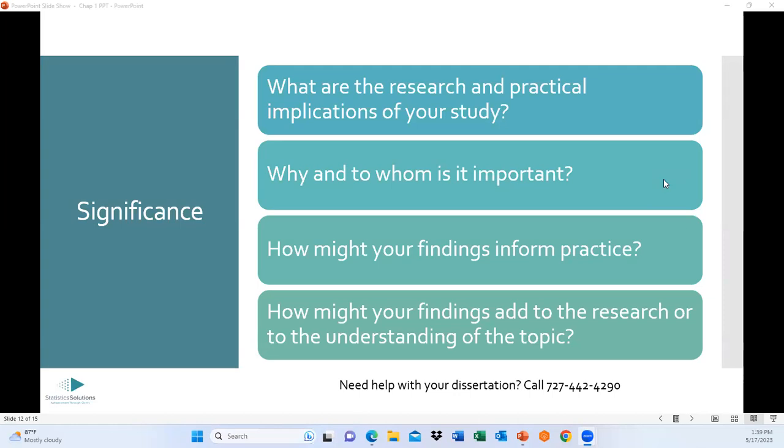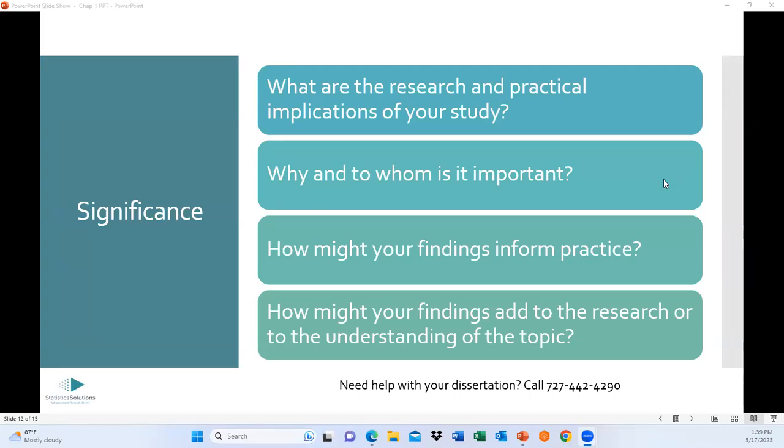How might the information that you get contribute to research in the field? You need to think about that. I know you're doing it to get through, but ideally, studies should be making contributions. You need to think about the contribution that your study is going to make, the information that you gather.